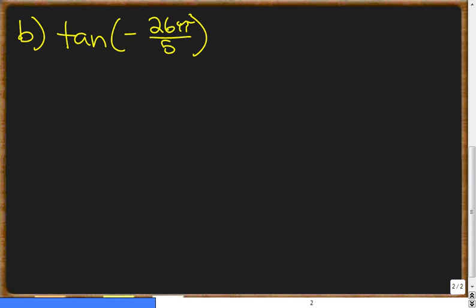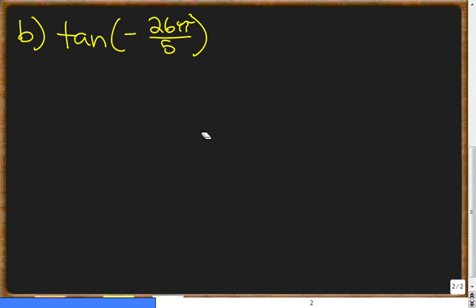We could turn this into a positive angle. Now, the positive version of this angle obviously would be 26 pi over 5. It's pretty large, so I'm going to propose an alternate way to deal with this.